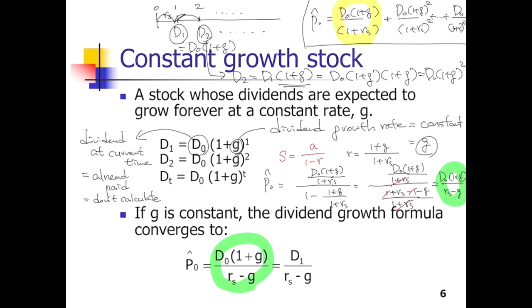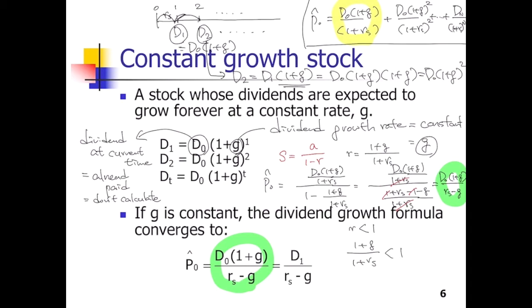You should know there is one required condition in the sum of an infinite geometric series. This r should be less than 1. So r should be less than 1. In this case r is (1 plus g) over (1 plus Rs). It should be less than 1.